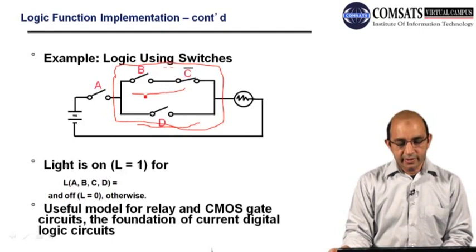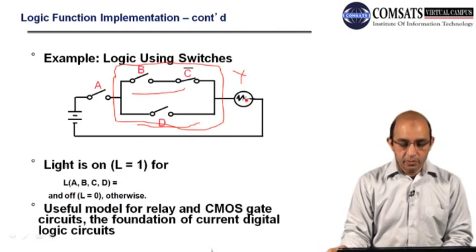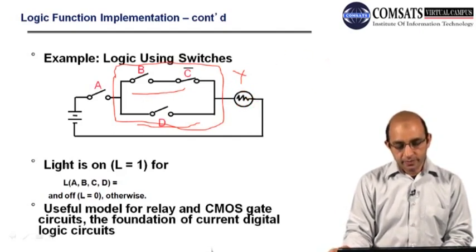So if you take this whole unit as a switch, and we name it X, right? Then the bulb or the light will go on when A and X are closed.